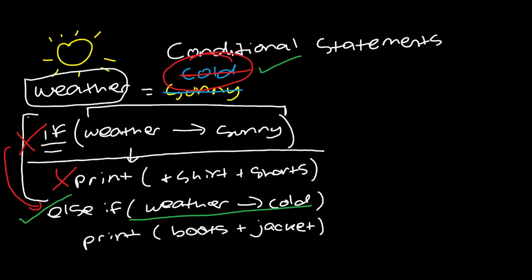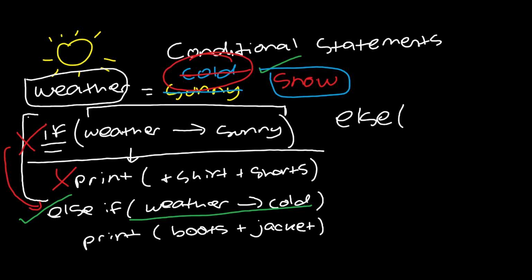Well, there's only really two types of weather. Let's say it's snowing. Okay, it's snowing. Sort of the same thing as it being cold. We want another condition to check if it's snowing. So we can use a third type. There's a third type of conditional statement called an else.